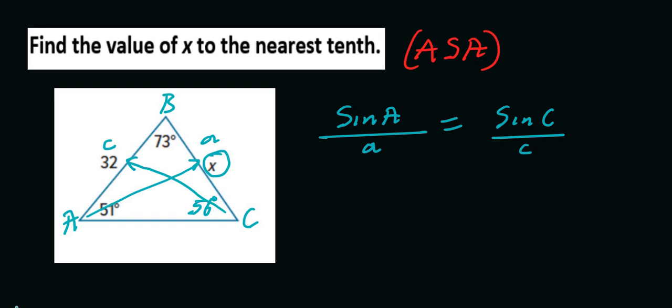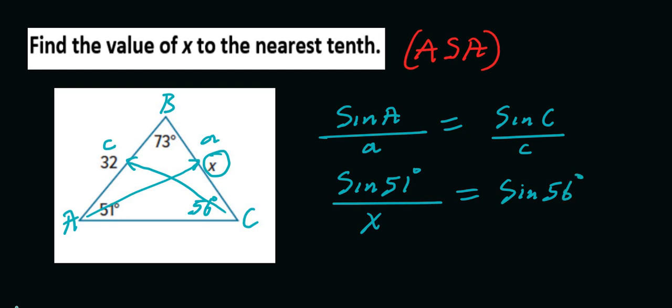And let's plug in the values. So sine 51 over x is equal to sine 56 degrees over 32.